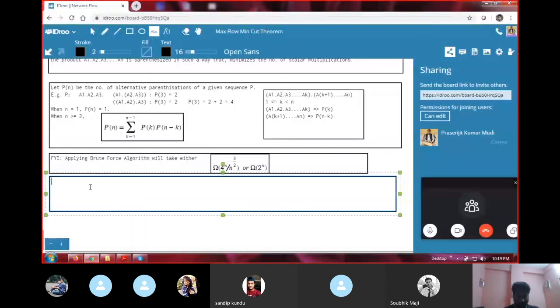Now coming to modeling the problem as a dynamic programming solvable problem.